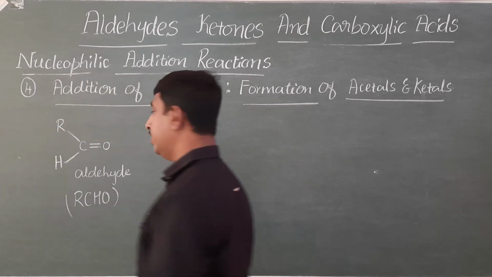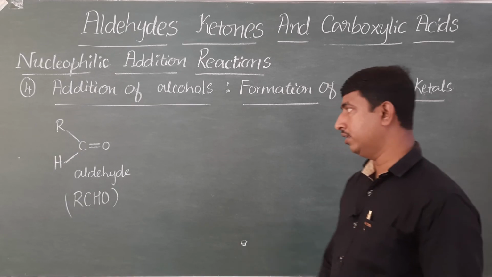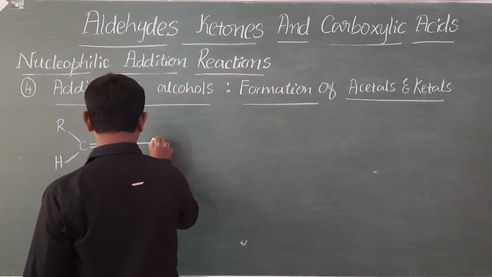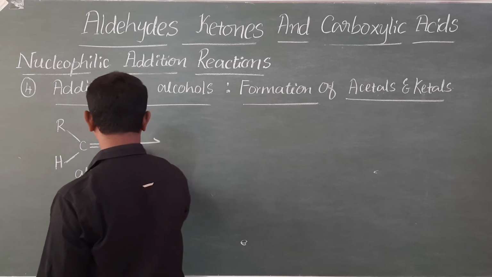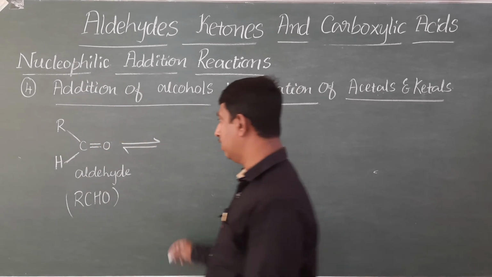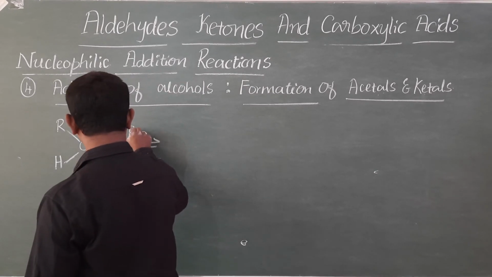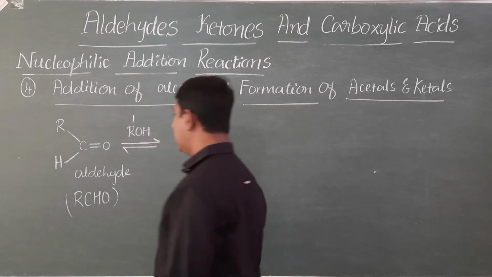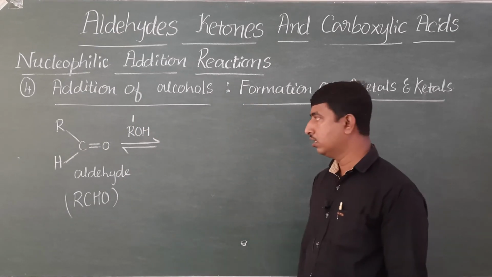Okay, this is aldehyde. This aldehyde is made to react with monohydric alcohol. Formula of monohydric alcohol is ROH, or I can write R-OH.